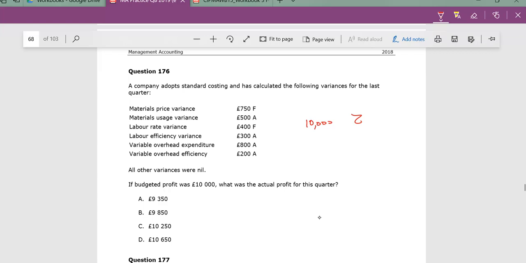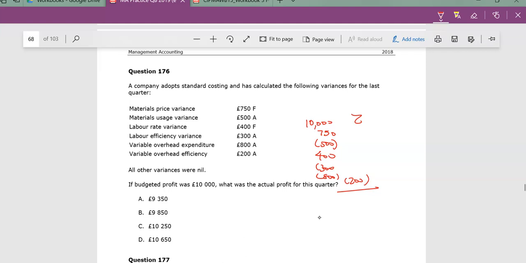Well, a favorable price variance, in terms of buying material for cheaper, which is why it's favorable, we have to add in that favorability, and the usage would have made things worse. A favorable labor rate variance would improve our profits, and all the rest would make profits worse, arriving at our actual profit.